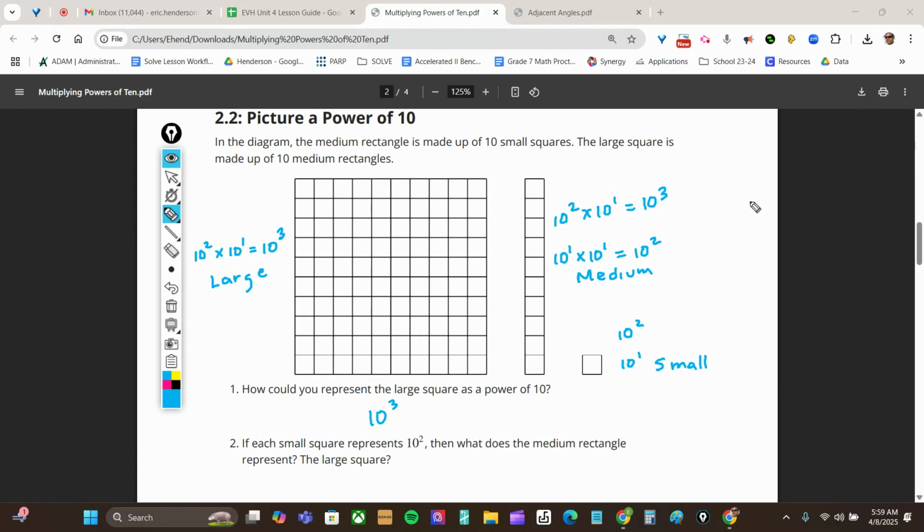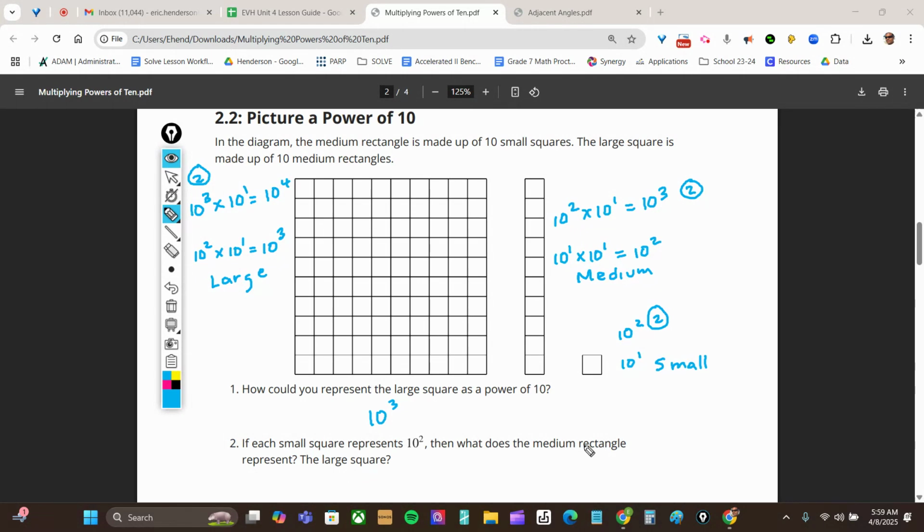So this is the second scenario, and now we have 10 cubed times 10 to the first equals 10 to the fourth power.